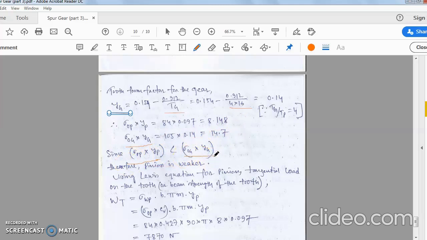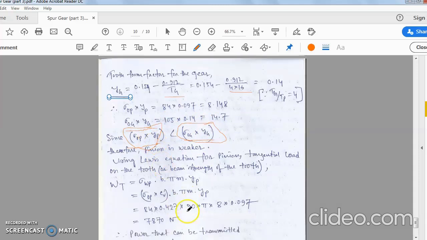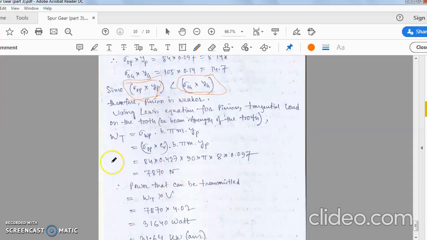That means the pinion strength is less than the gear strength. So in the case of the pinion, we use the Lewis equation. From the Lewis equation, Wt equals Wp. As the pinion is weaker, we consider the working stress for the pinion, not for the gear.